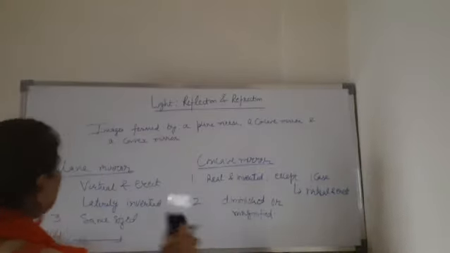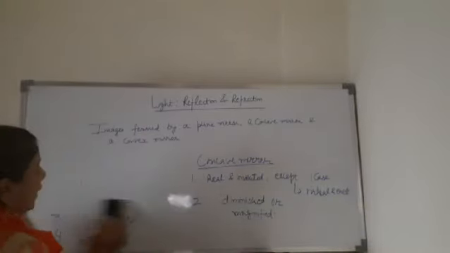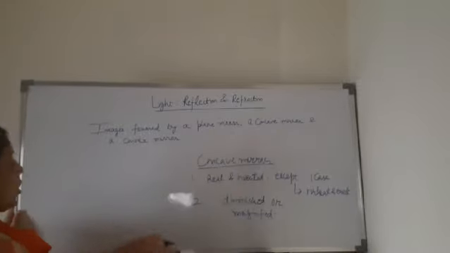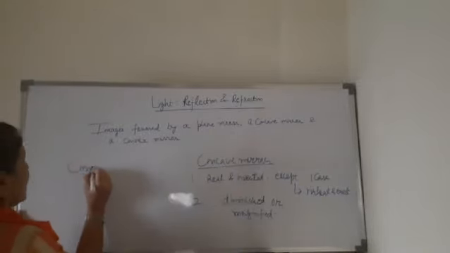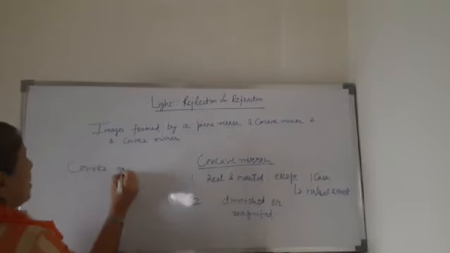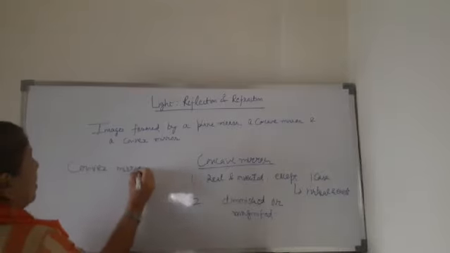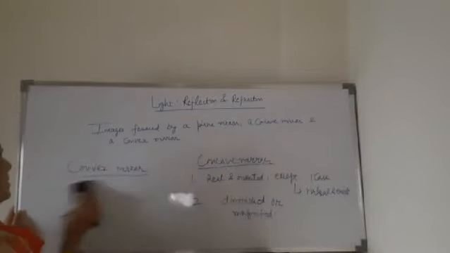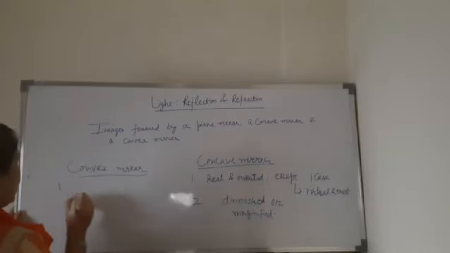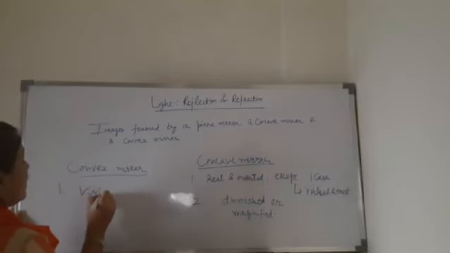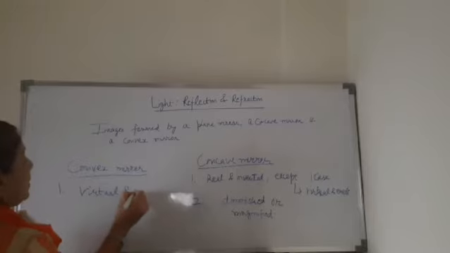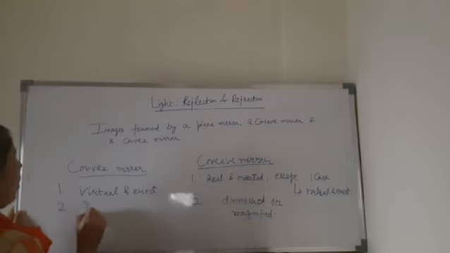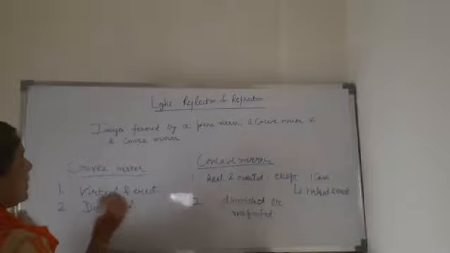Now what about the images formed by convex mirrors? It's easy to remember also. Always remember, one, the images are always virtual and erect, and two, always diminished, always smaller in size.